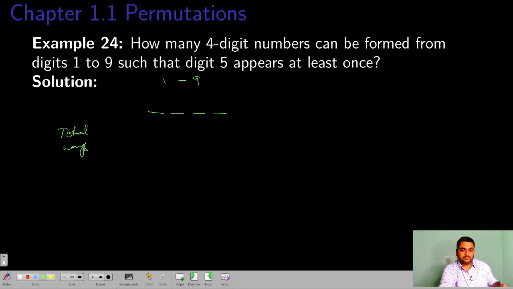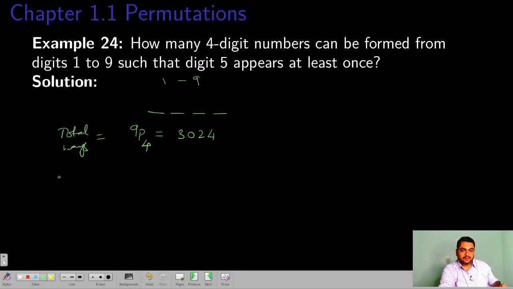There are 9 digits, and I have to form a 4-digit number, so select 4 from 9 digits. What will be this value? 9P4, equal to 3024.